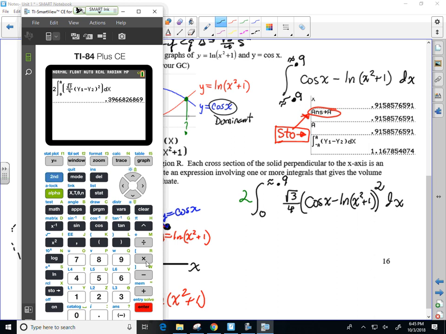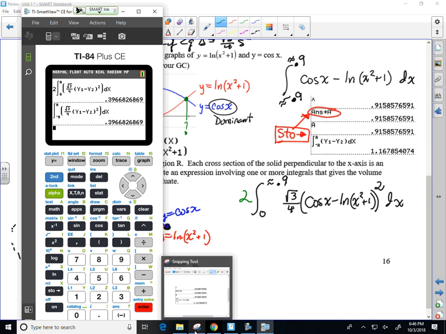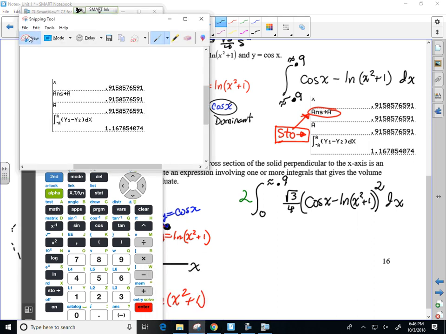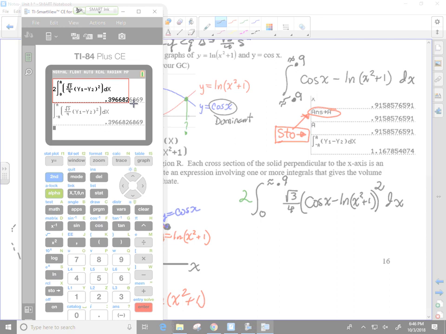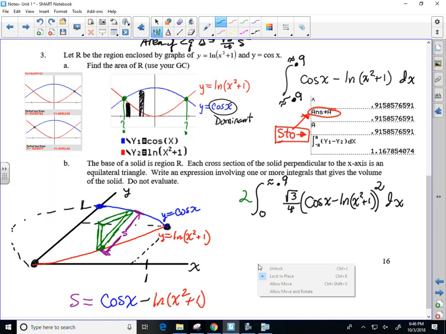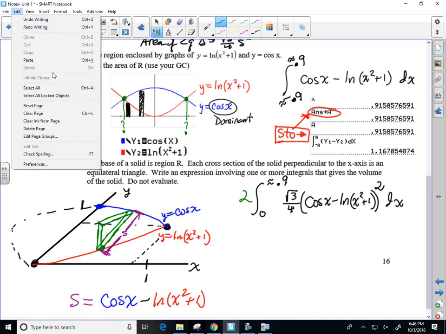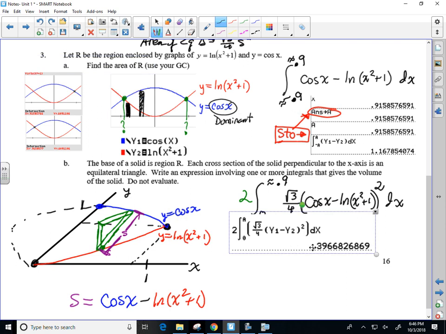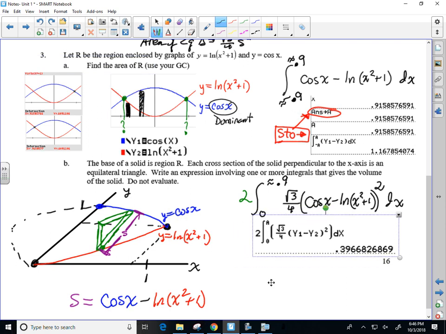Now, if you didn't want to go the doubling route, if you wanted a different integral but accomplish the same thing, you could go negative a to a. Get the same thing. All right, so a bunch of different avenues that you could take. But this is the one that's consistent with this.